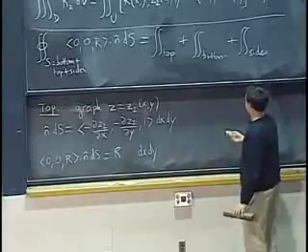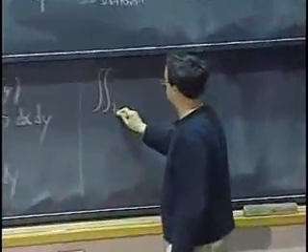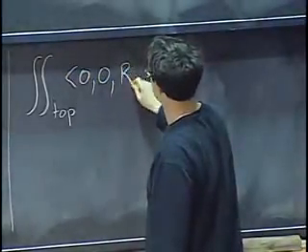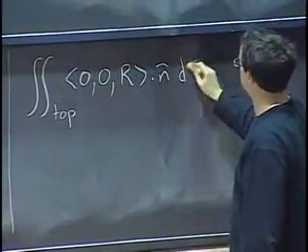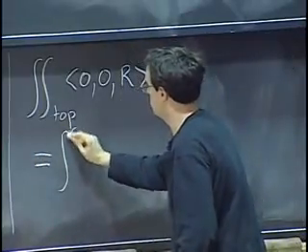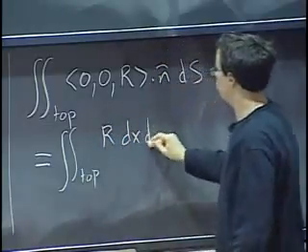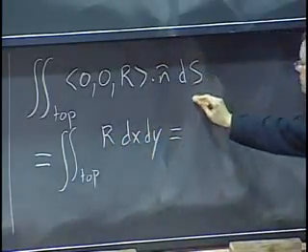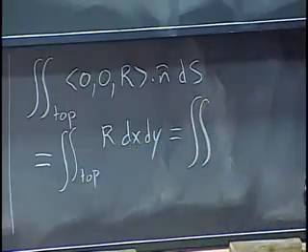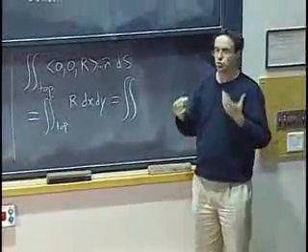So the double integral for flux through the top of our vector field dot n dS becomes the double integral over the top of r dx dy. And now how do we evaluate that? So r is a function of x, y, z. But we said we have only two variables that we're going to use, x and y.